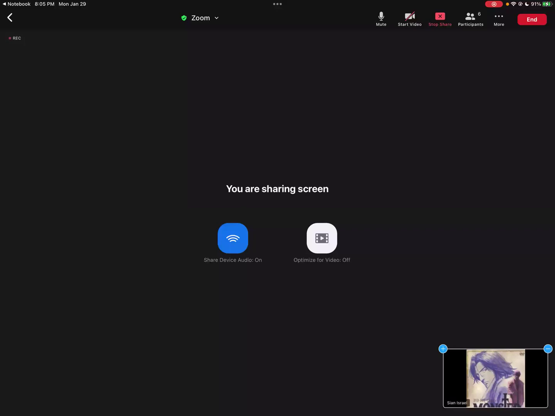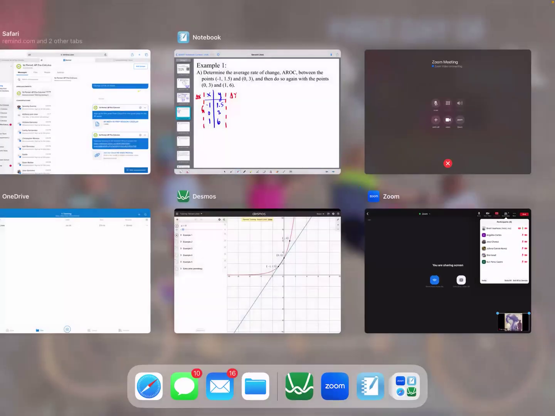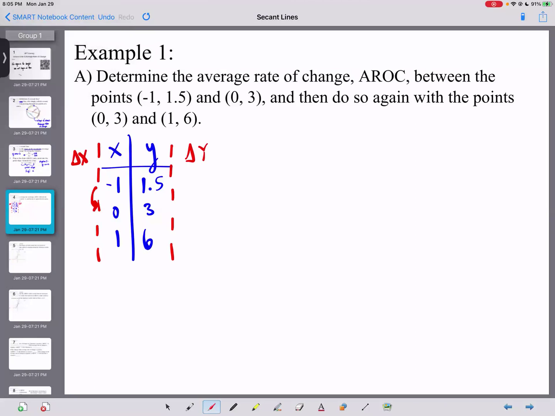For those who are just joining, whenever I ask a question, if you just want to come off mute, throw it out there, that'd be great. Or you can send in the chat. I'm not sure if the chat will pop up, so if you come off mute, that would be best for this. How much are we changing from going from -1 to 0?